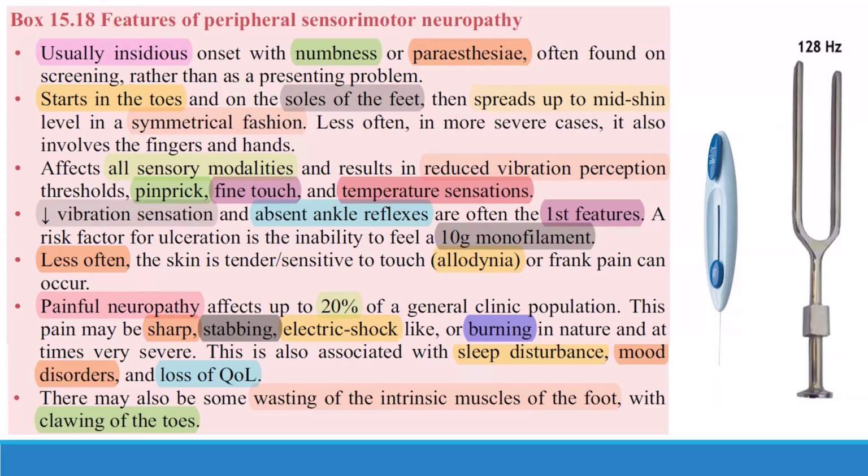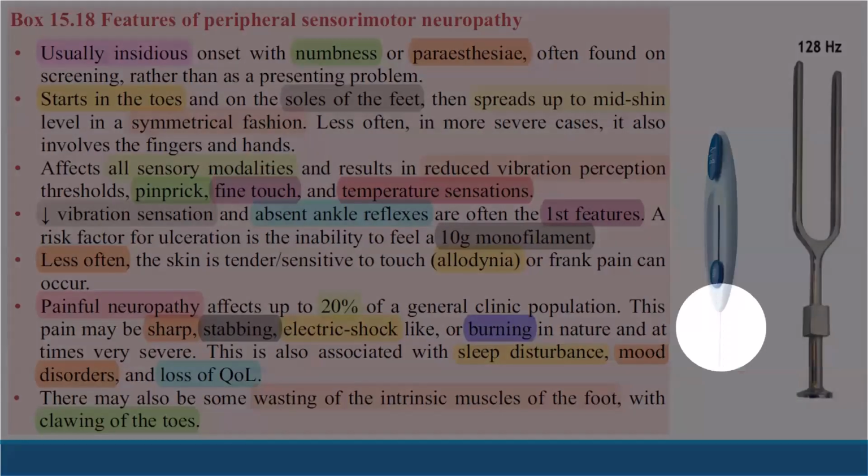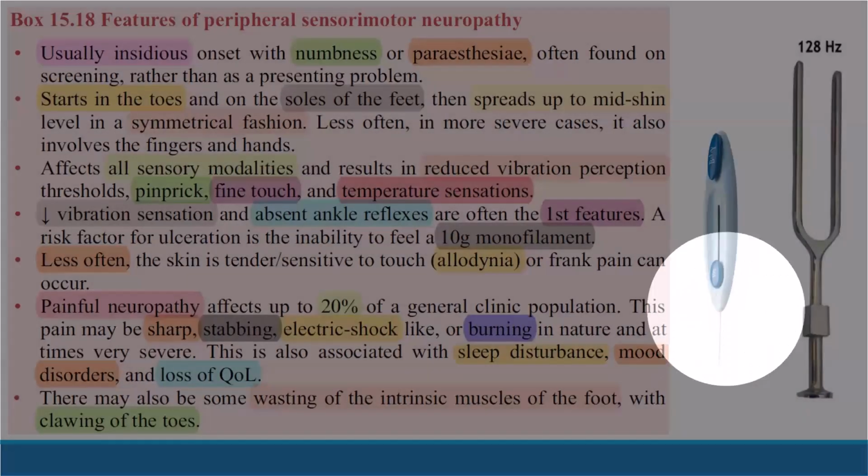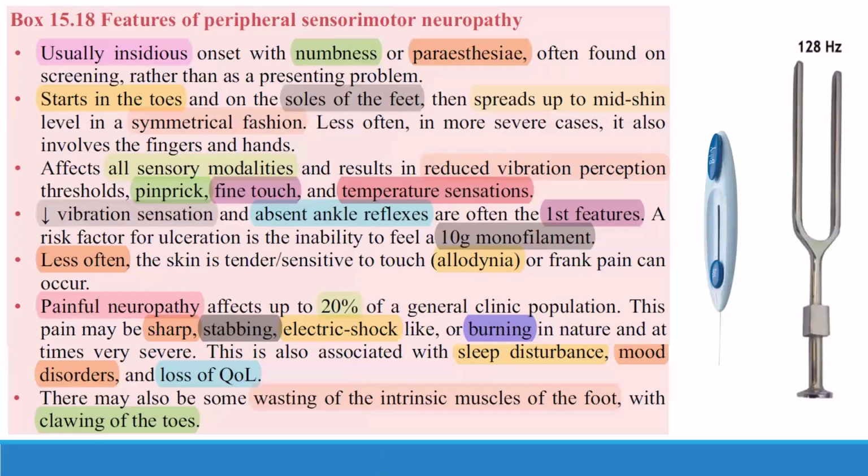Decreased vibration sense and absent ankle reflexes are usually the first features of peripheral neuropathy. This can be examined and determined by the 10-gram monofilament, where the patient is unable to feel the sensation of the 10-gram monofilament.